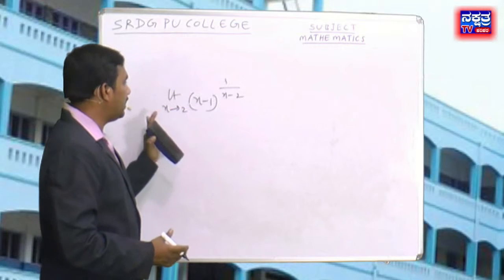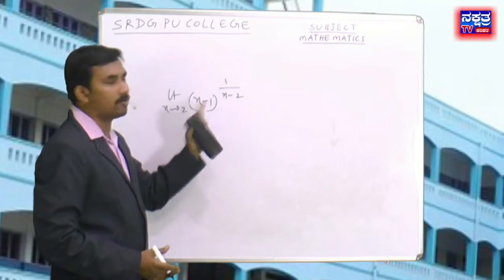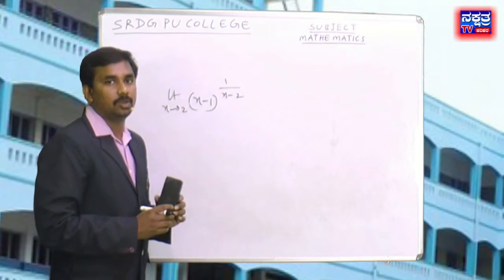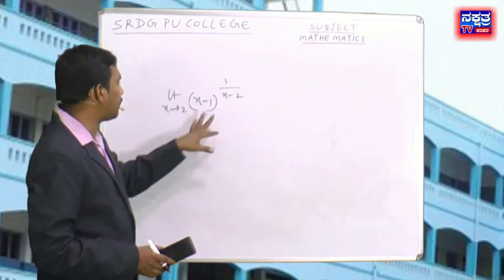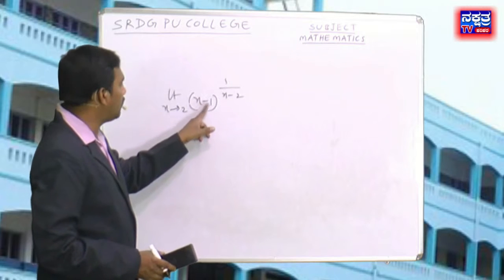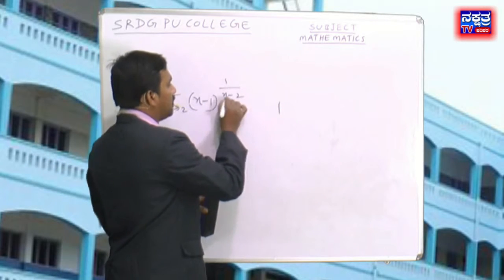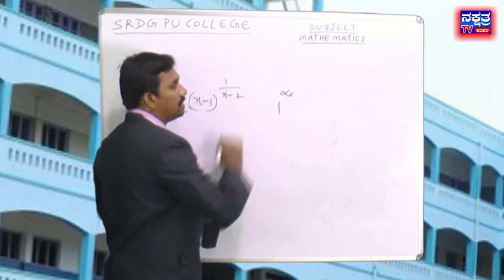Students, here limit x tends to 2, (x minus 1) whole power 1 by (x minus 2). Just now I told you f of x power g of x. If it is in this form, first you apply 2, then 2 minus 1 is 1, and 2 minus 2 is 0. So 1 by 0 is infinity form.